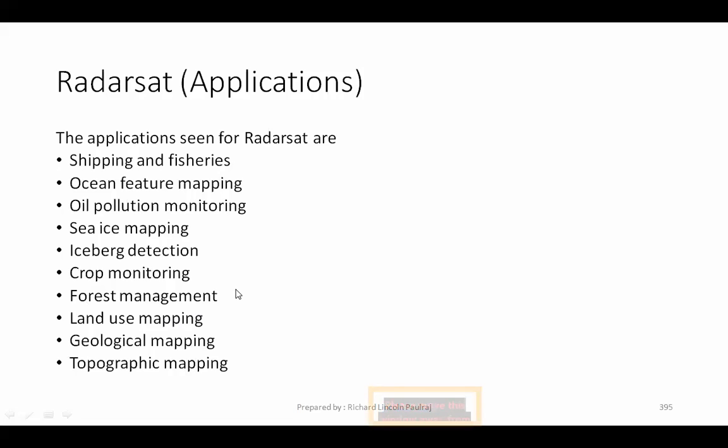Is there any land acquisition happening? All that can be checked with the help of Radarsat. Then land use mapping, how much land is utilized, or is any forest destroyed and occupied. Geological mapping, topographic mapping.